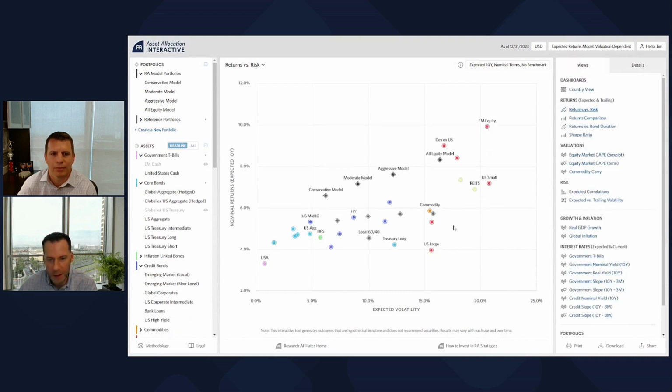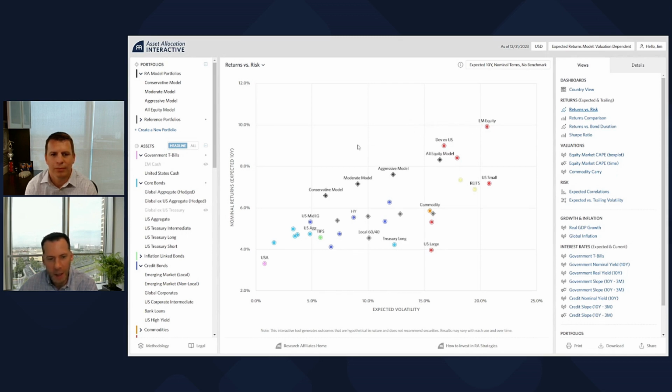Now, as we can see, if I zoom back out here to our scatter plot, there's a lot of other opportunities and many things that look more attractive than U.S. equities, at least to us anyways, based on our models. All the way up here in the upper right, the highest return that we show here, emerging market equities, at more than double the U.S. number, at almost 10% per year, again, for the next 10 years.